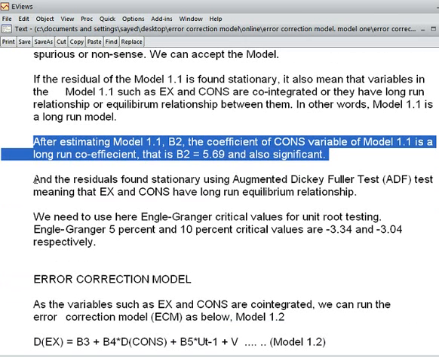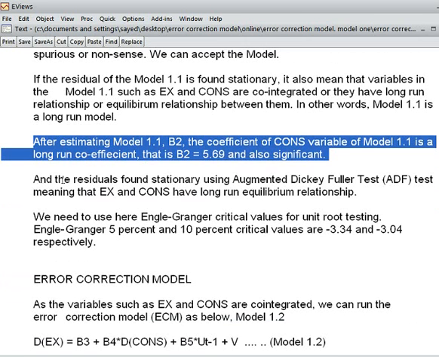So we can use the augmented Dickey-Fuller test to check whether our residual is stationary or not.